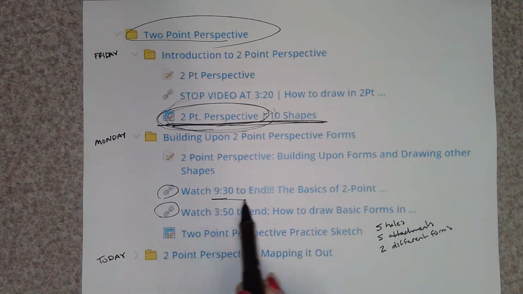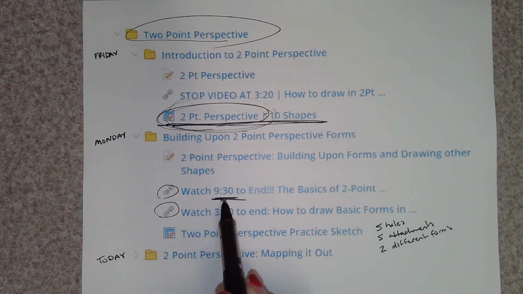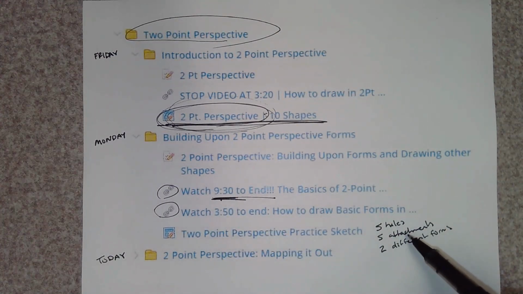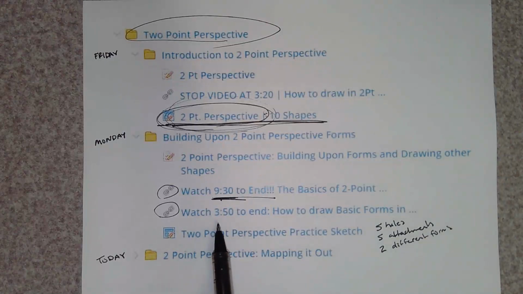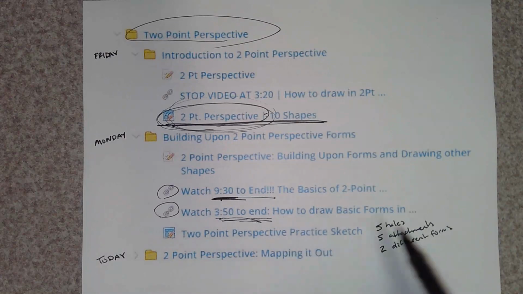This first video you were supposed to watch at 9.5 minutes to the end. Okay, this went over how to create holes and those attachments. Second video here, you needed to start it at 3:50 and watch it to the end. This went over how to draw a few different forms, and you just need to pick 2 others.